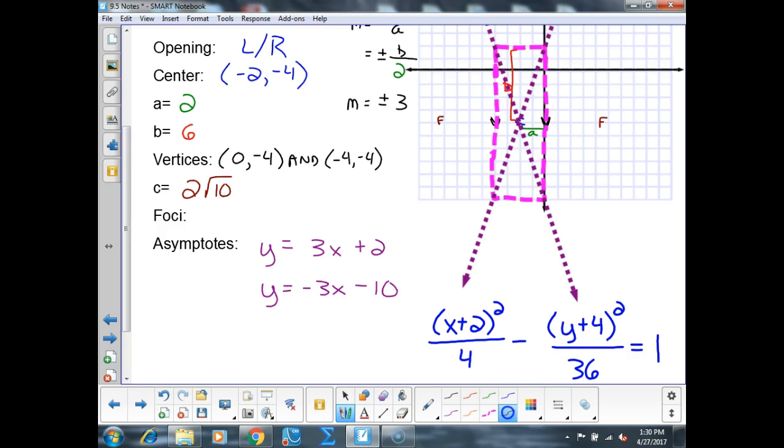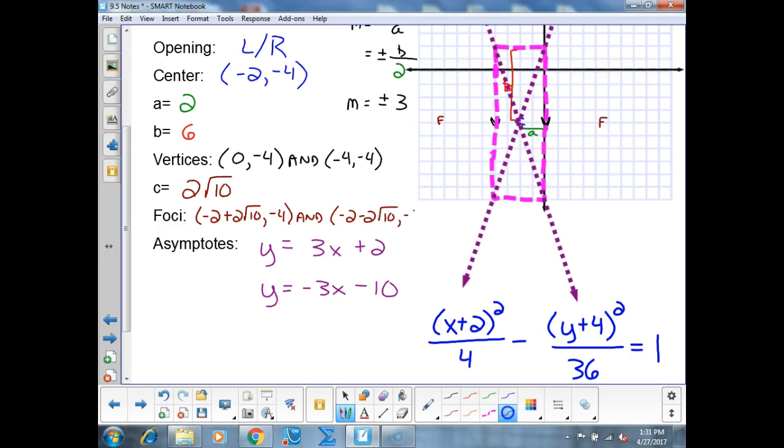The foci are going to be at -2 plus 2 square roots of 10, comma, -4, and -2 minus 2 square roots of 10, comma, -4.